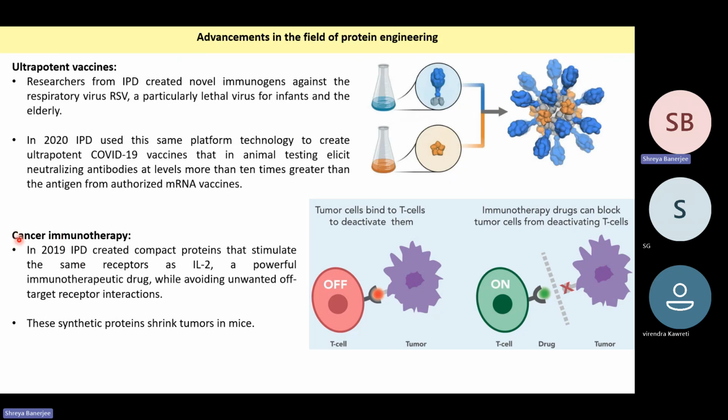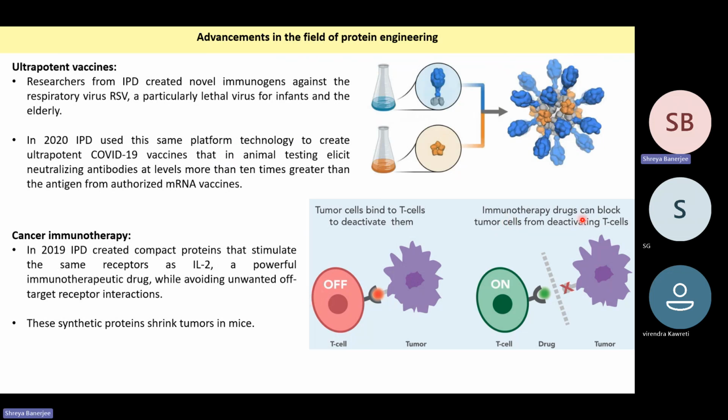Another advancement in this field is cancer immunotherapy. In 2019, IPD created compact proteins that stimulate the same receptors as IL-2, a powerful immunotherapeutic drug, while avoiding unwanted off-target receptor interactions. So basically, what was happening is that the T cells of the immune response were binding with the tumor and getting deactivated.